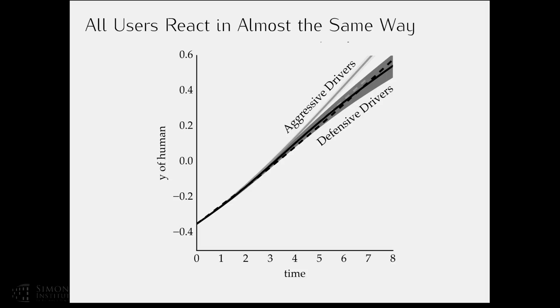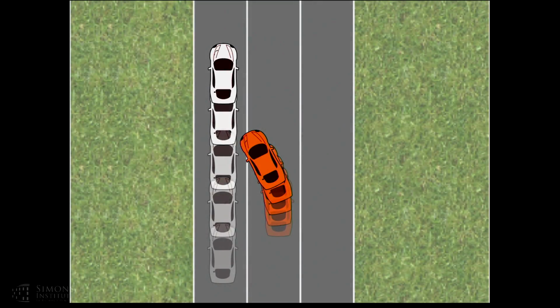Because for the most part, aggressive versus defensive drivers, drivers who are paying attention, drivers who are not paying attention, they're kind of driving in the same way when you're not messing with them in any way. And so if the robot just does inverse reinforcement learning here, then it's not going to get a lot of information.